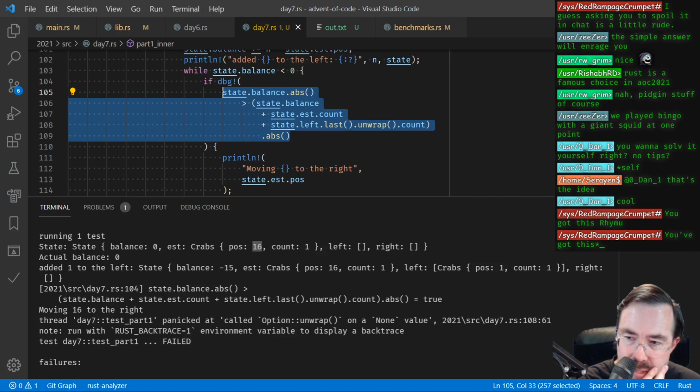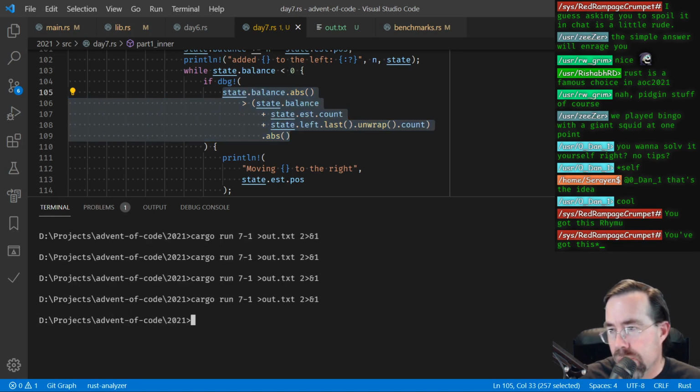Wouldn't that make more sense here? I'm trying to keep it balanced as we're adding crabs, but that's totally the wrong way to do it. It'll have a really high fuel cost, which will be the sum of all the multiples, and then we'll just reduce it as we shift things over, right? And we just keep doing it until it goes the other way, and then we stop and we take the lower of the two numbers. Yeah, well, I'm gonna just do that.